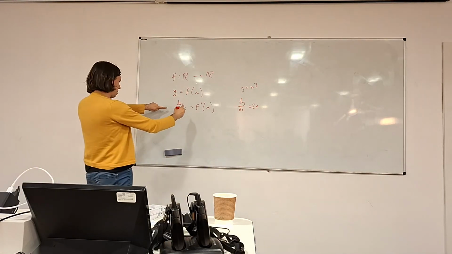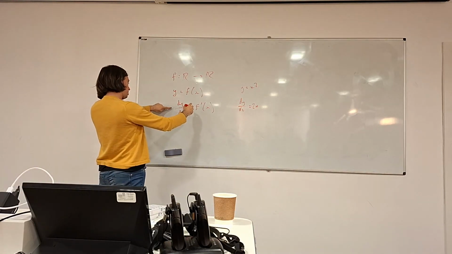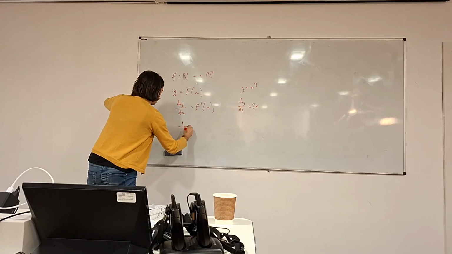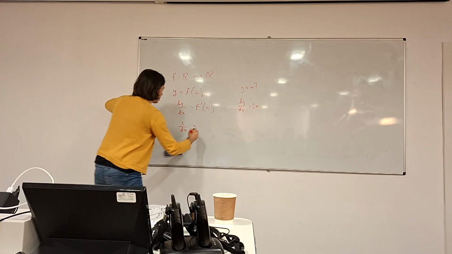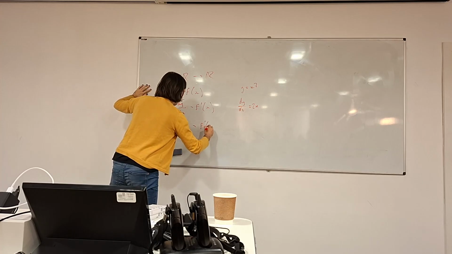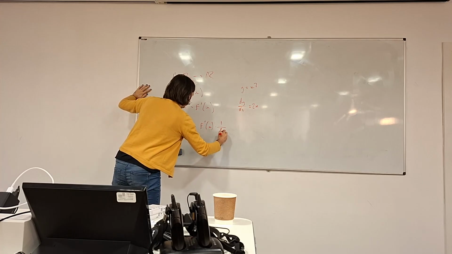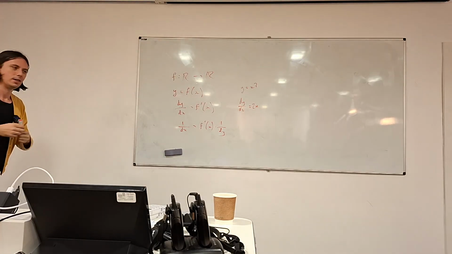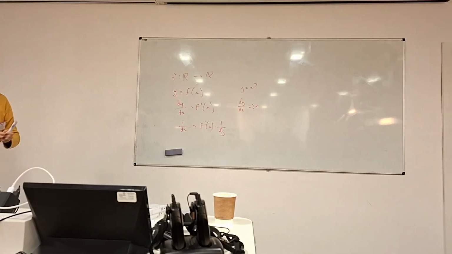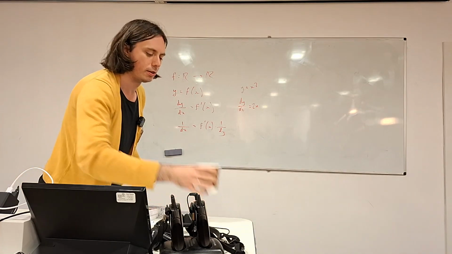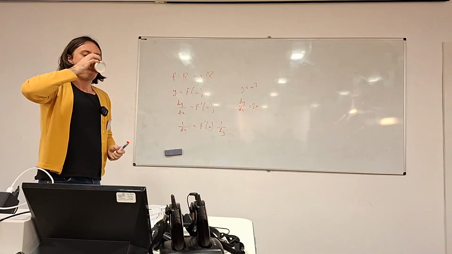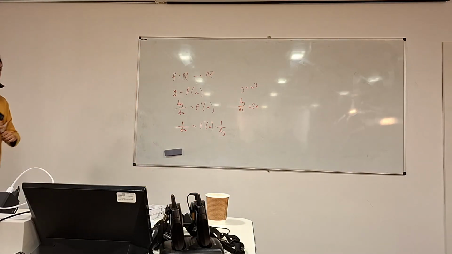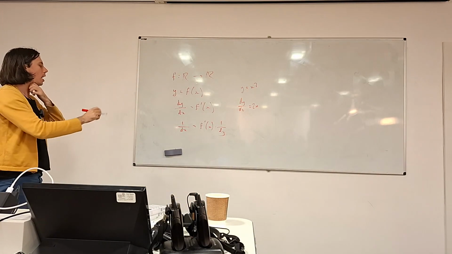I'm going to rewrite this as 1 over dx is f prime of x times 1 over dy. This little trick is called reverse differentiation. This is the basis of how backpropagation works in machine learning.